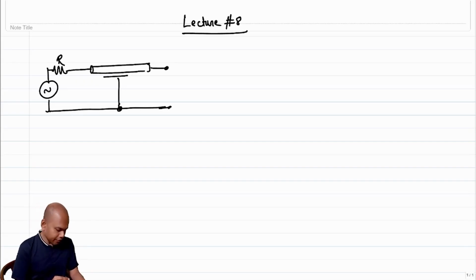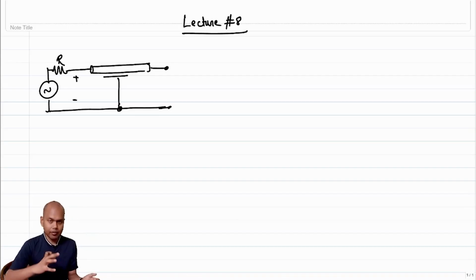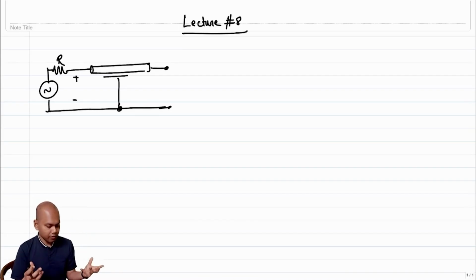We saw that the voltage waveform at this node can have periodic nulls, periodic zeros at different frequencies, whenever the round trip delay through the line is an odd multiple of half the time period.